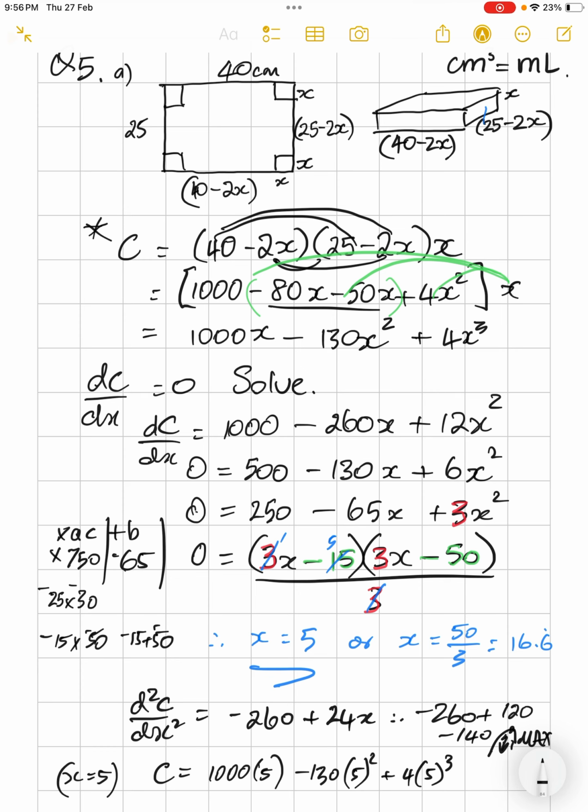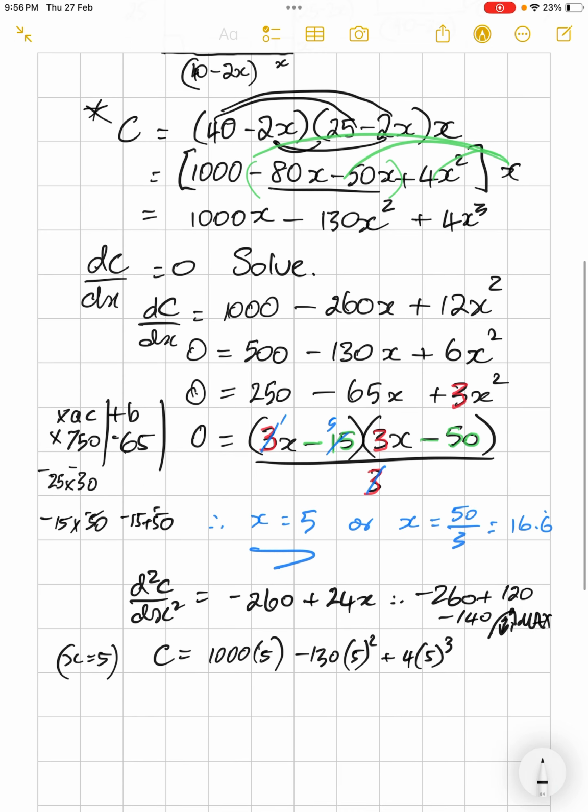So this will give us our final result, which is 1000 times 5, so that's 5000. 25 times 130 gives us minus 3250, and 125 times 4 gives us an extra 500.